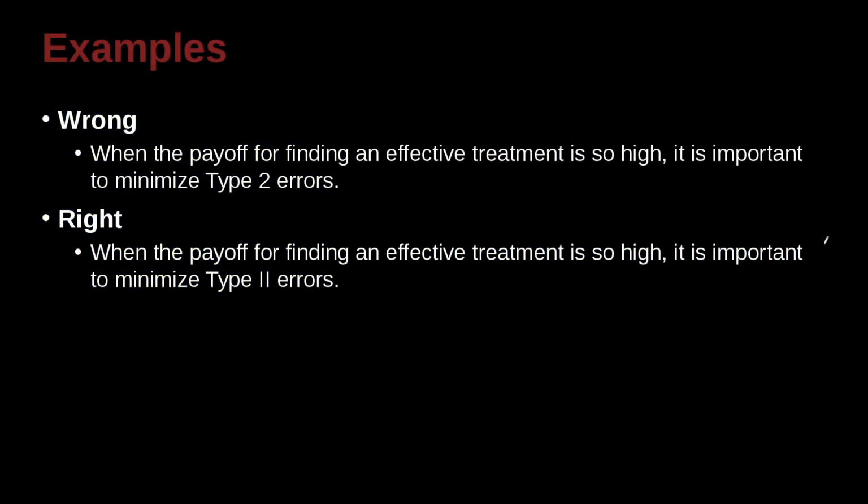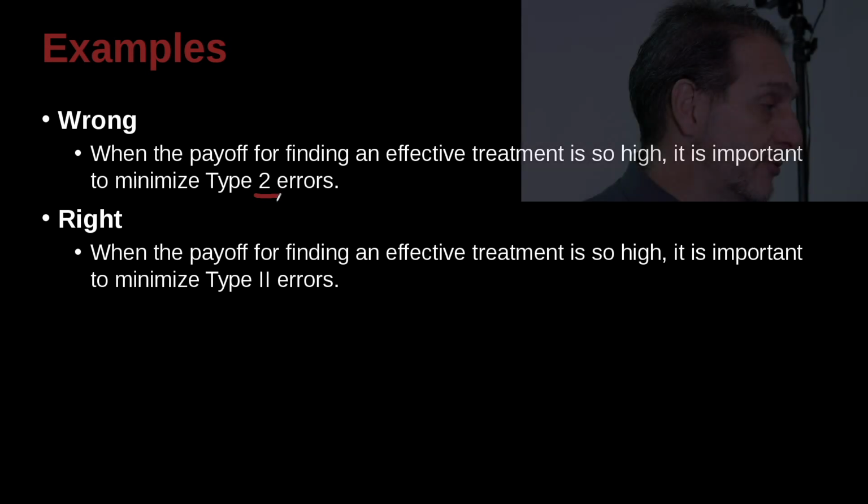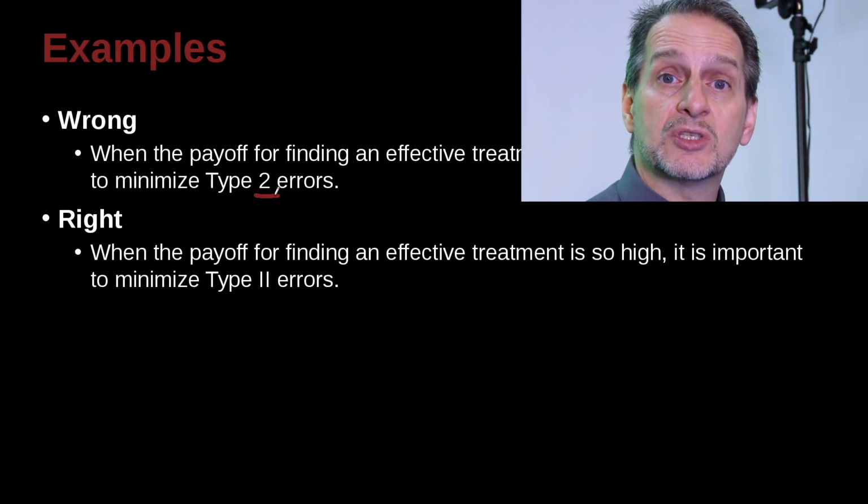When the payoff for finding effective treatment is so high, it is important to minimize Type II errors. Now here the number is 2, so this seems okay. 2 is less than 10, and it's not a series of numbers here, so why would we not just go ahead and use the number 2?